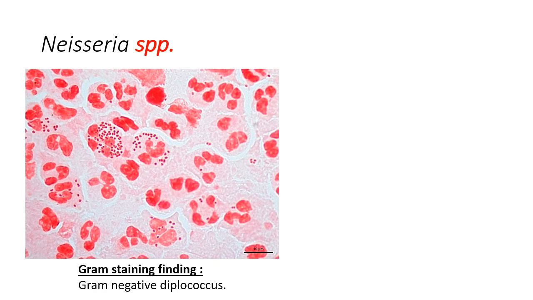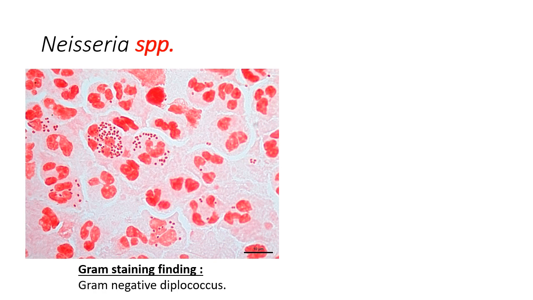These bacterial cells are diplococci, which means that they are present in pairs, so two together. This is what diplococcus or diplococci means. Diplococcus is one pair, diplococci is the plural for this bacteria. So this is the gram stain finding.